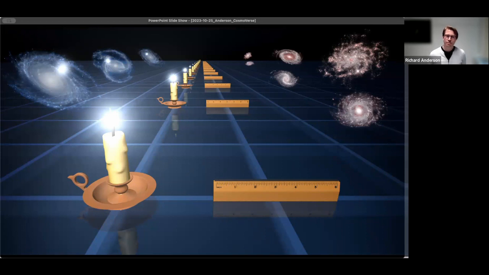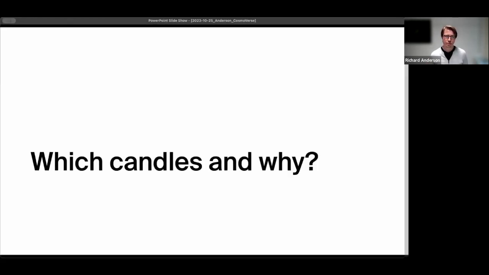Well, a standard candle, in a very basic sense, is simply an object whose luminosity you can calibrate in order to measure luminosity distances by the inverse square law of the way that the flux decreases over distance. So what you need in order to use a standard candle is simply to have an object that you can recognize to be the same at large distances as what you can calibrate locally, and then you can use these standard candles to measure distances.